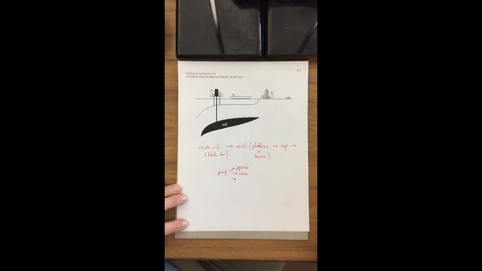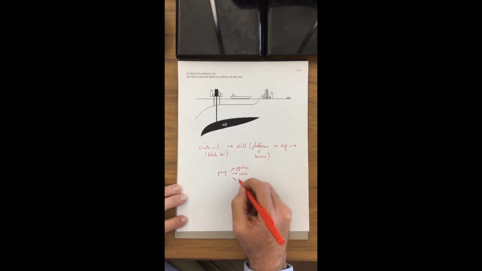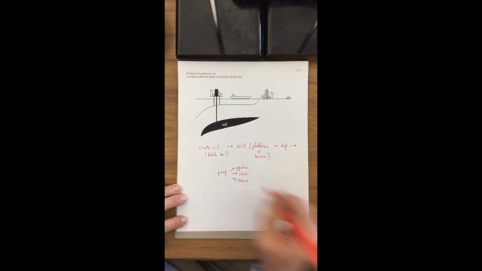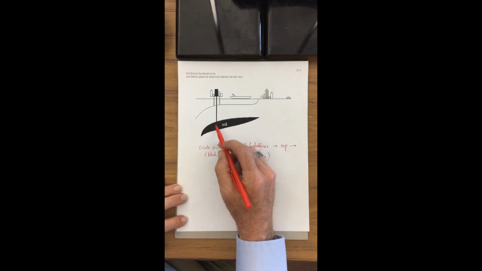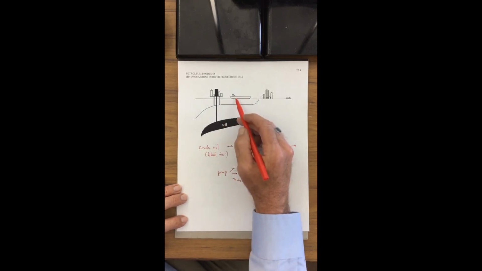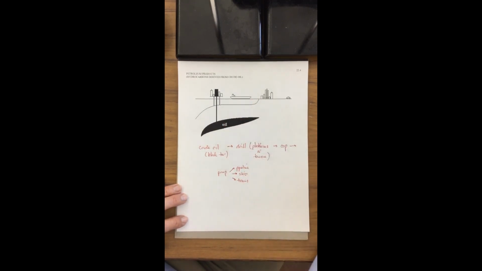Also, we can transport this through trains. Okay, but this oil is not the substance that is going into your car. So here's the drilling and the pumping process. Here's the transport process, be it ship or pipeline or train.